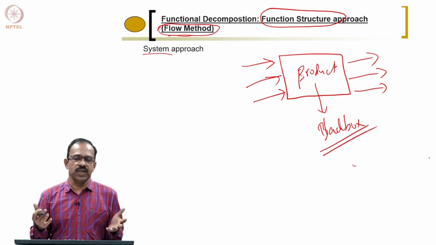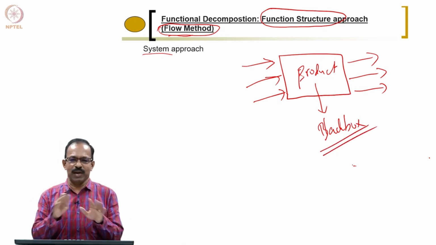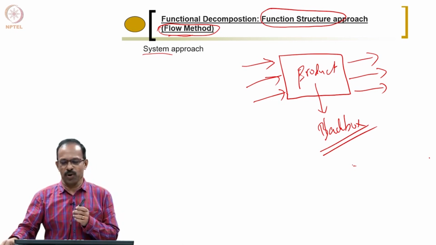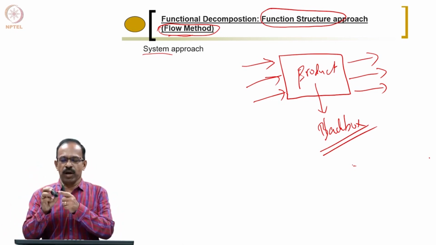And as a user we will not be knowing what is happening inside the black box. So, we are not worried about what is happening inside, right. When I have this product I do not really worry about what is happening inside.